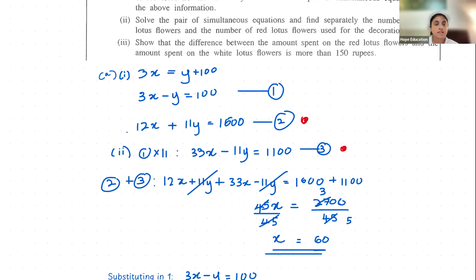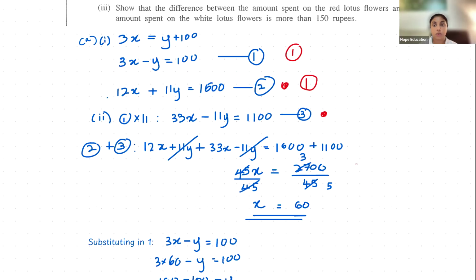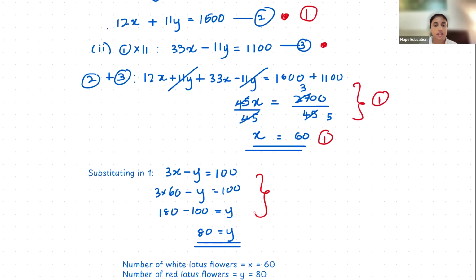I will show you how marks are given. Here the simultaneous equations constructed get 1 mark. Don't take one mark for just one. And then for this working 1 mark, for getting x equals 60, 1 mark. Then here for the working 1 mark, for getting y equals 80, 1 mark. At the end, I told you we have to write this step.